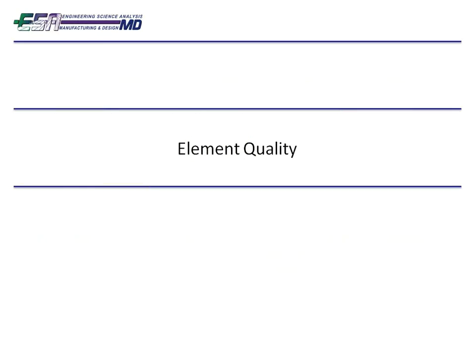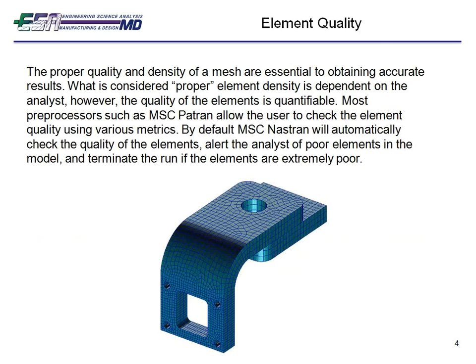So the first topic we're going to cover is element quality. Proper quality and density of a mesh are essential to obtaining accurate results. However, if you ask different analysts what proper element density is, you're probably going to get a whole lot of different answers.